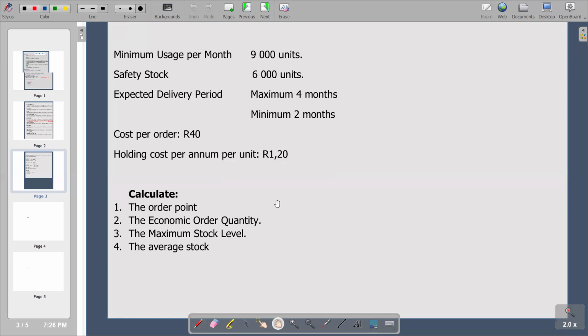On maximum stock level, we are going to calculate it as order point plus economic order quantity, then we minus in brackets minimum usage times minimum order period.